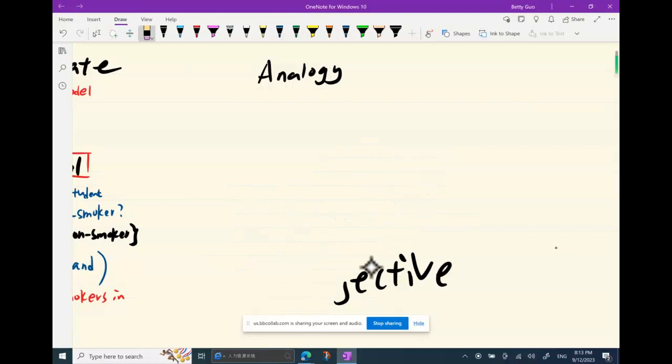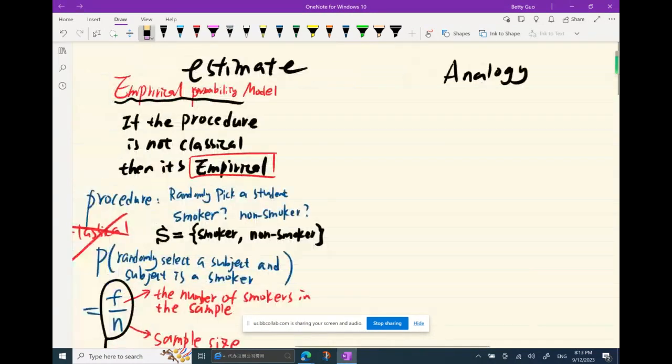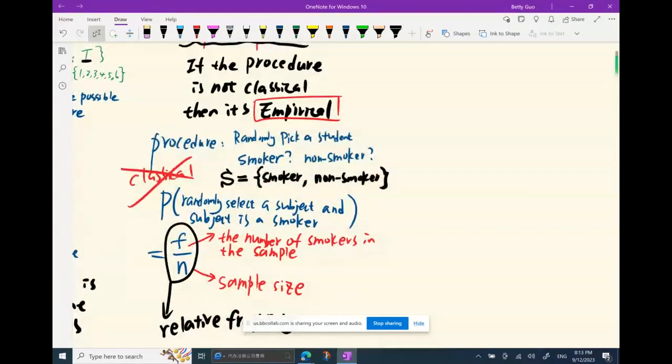In the classical model, we are fortunate enough to find the exact value. So the classical probability is the actual probability of the event. However, in the empirical model, there's no way we can find the exact value of the event. For example, we want to know the probability of randomly picking a person who is a smoker in the United States, the whole country.